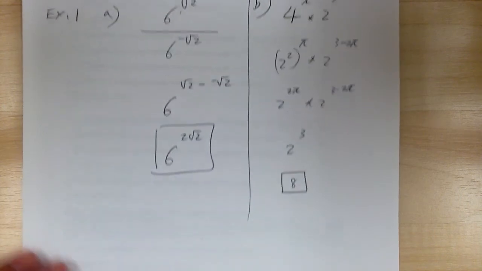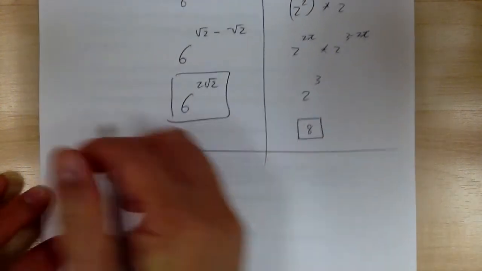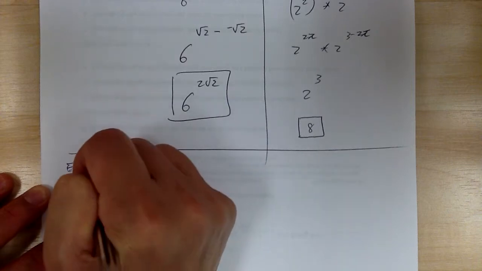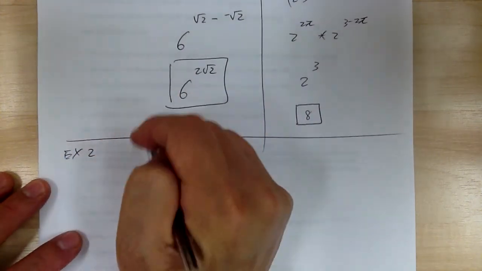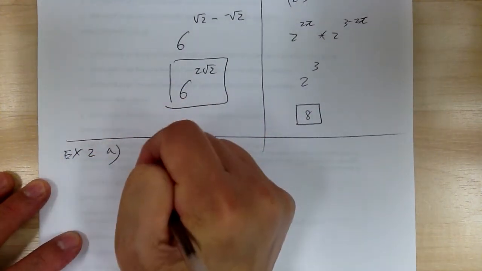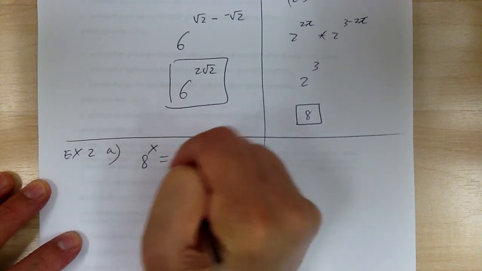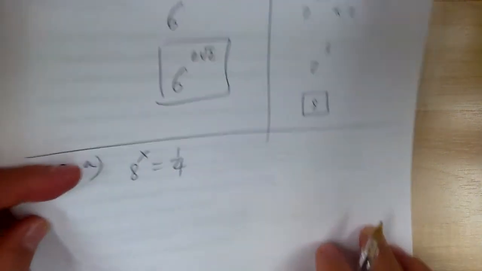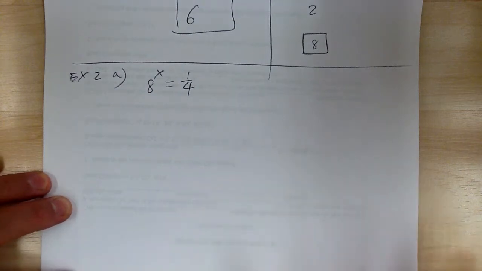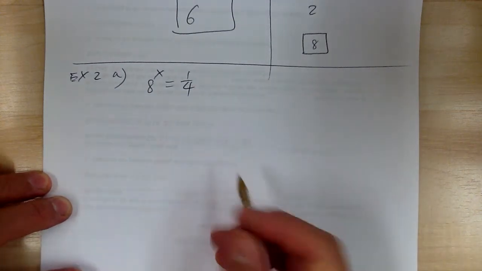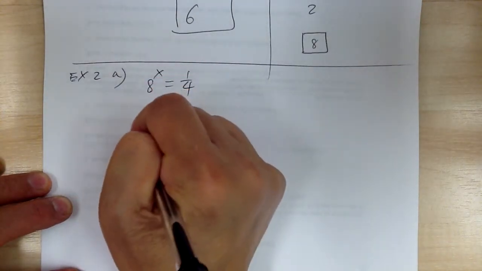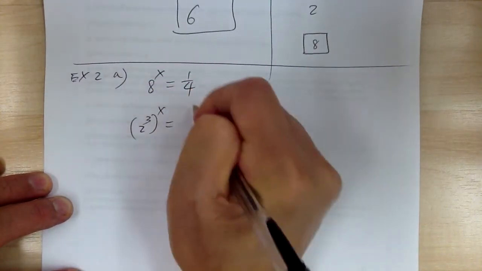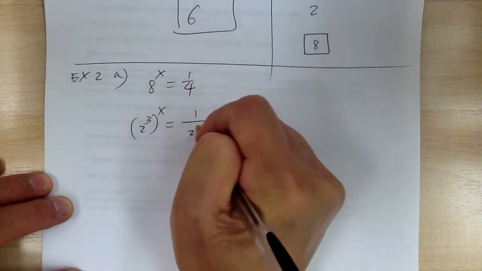Now let's go to example 2. Now you're solving. So you have 8 to the x equal to 1 over 4. The way to do this is again make it into the lower base and you can do the matching. So 8 is 2 to the 3 power. Now the 4 is 2 to the 2 power.